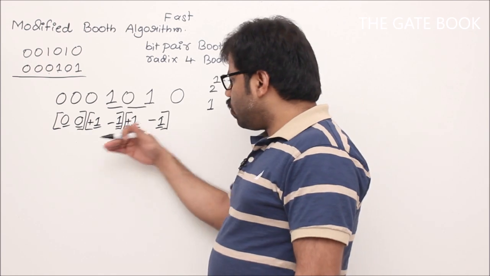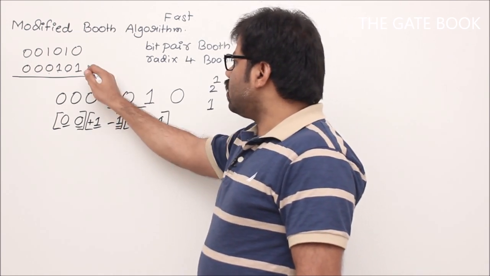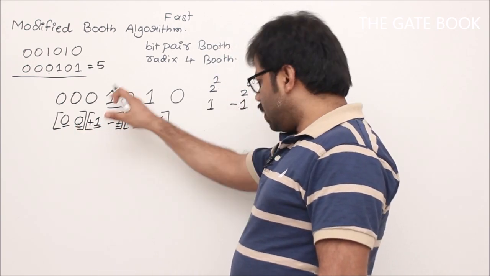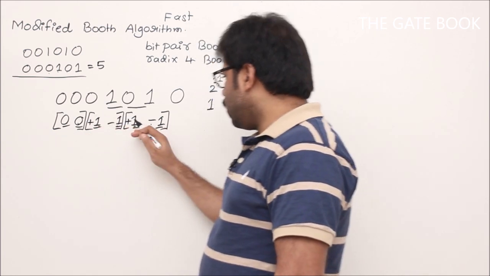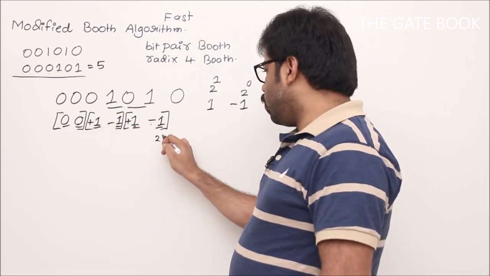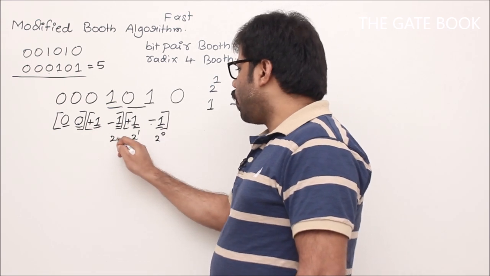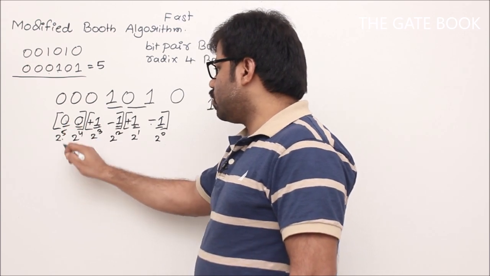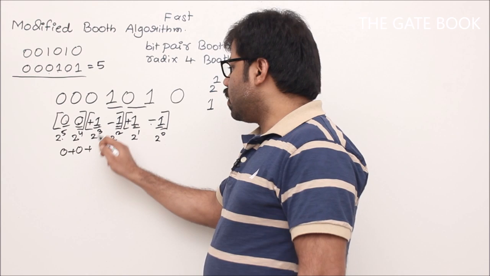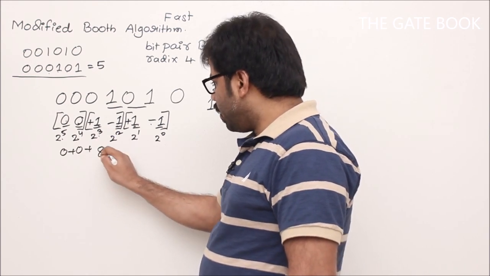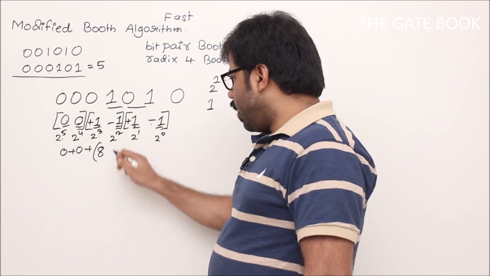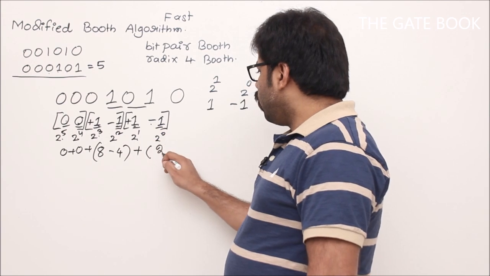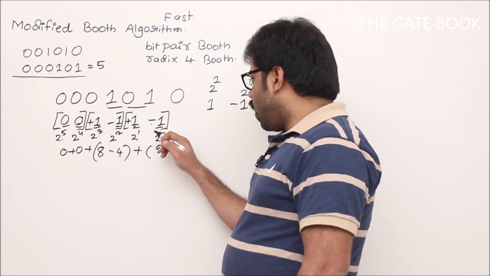If you want to know, just cross check. What is this value? 5. When I write 0, 0, plus 1, minus 1, plus 1, minus 1, with respect to the weightage system it is plus 5. Check it out. This is 2 power 0, this is 2 power 1, 2 square, 2 cube, 2 to the power of 4, 2 to the power of 5. 2 power 5 into 0, plus 2 power 4 into 0, plus 2 cube, 8, into 1, 8. 2 square, 4, into minus 1, minus 4, 8 minus 4, plus 2 into 1, 2, plus 1 into minus 1, minus 1.